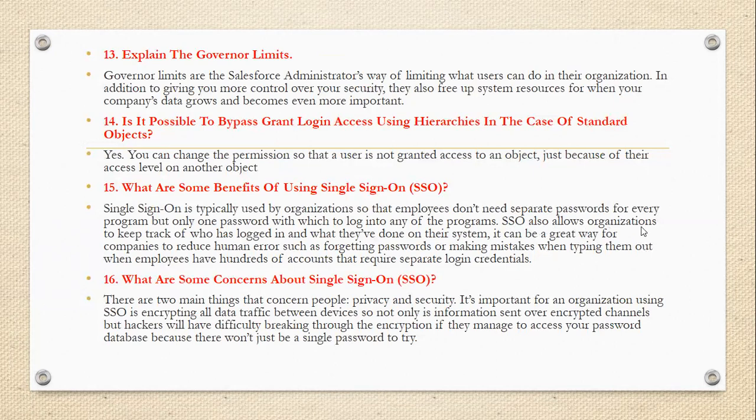SSO also allows the organization to keep track of who has logged in and what they have turned off in other systems. It can be a great way for companies to reduce human errors, such as forgetting the password and making mistakes when typing, when employees have 100 accounts that require separate logins traditionally.